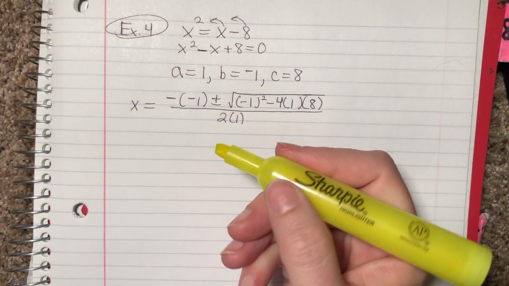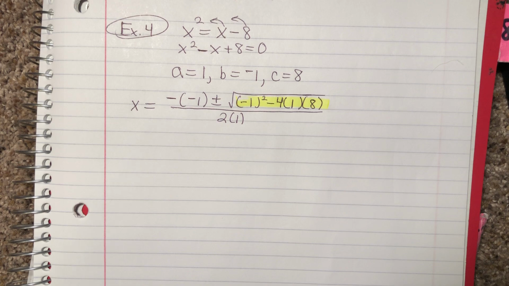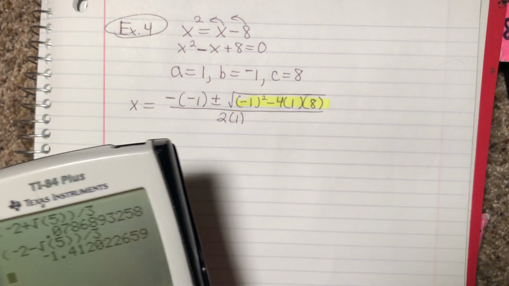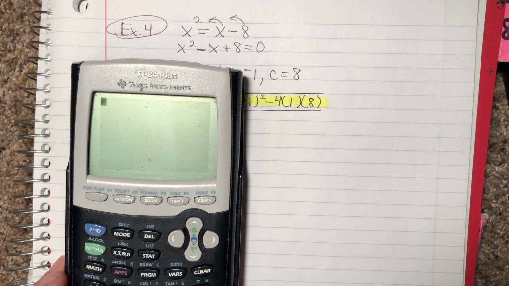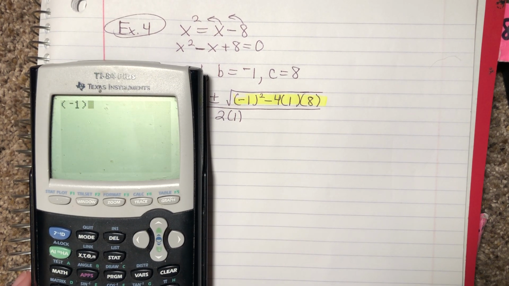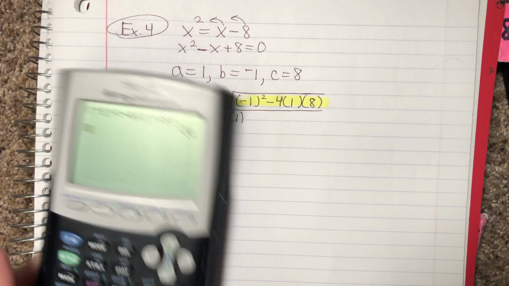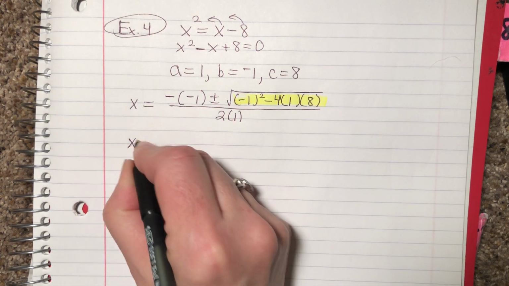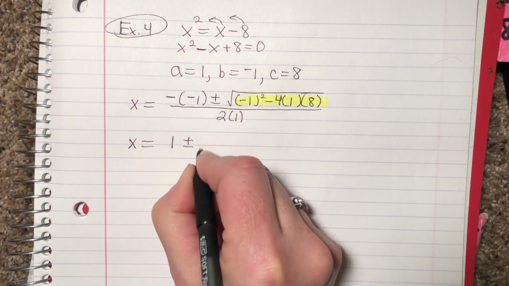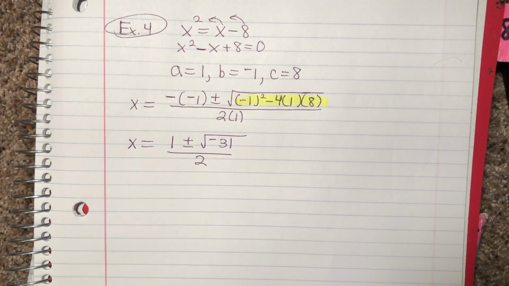All right, let's figure out what that is going to be. Okay, so just typing in, it's negative 1 squared minus 4 times 1 times 8. Ooh, so I get a negative 31. So 1 plus or minus the square root of negative 31 over 2.